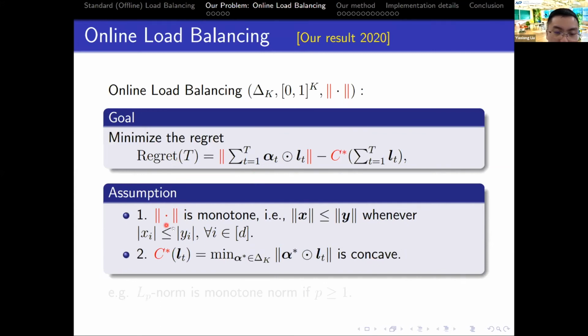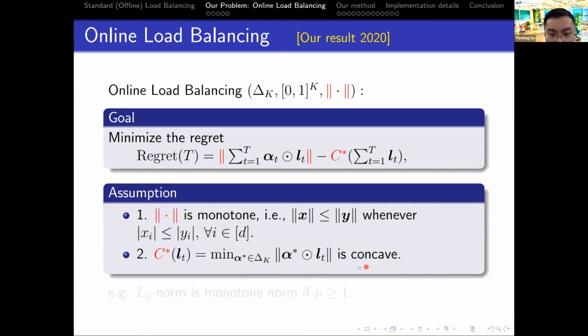The first assumption is that the norm is a monotone norm, which means that if each entry of the vector is bounded with respect to the absolute value of another vector, then the norm of the vector is bounded. Another assumption is about the static global optimal, C star.